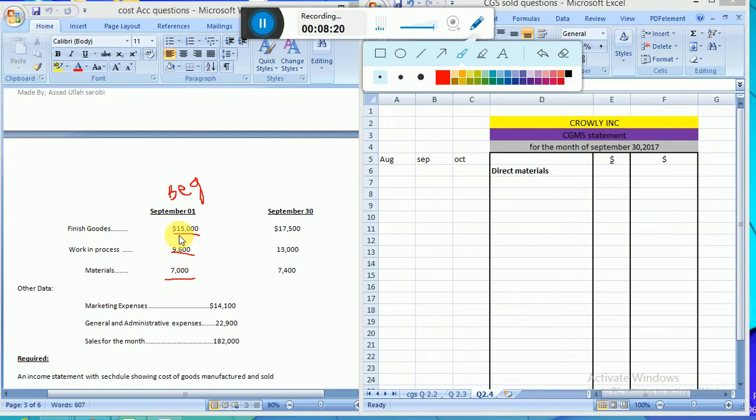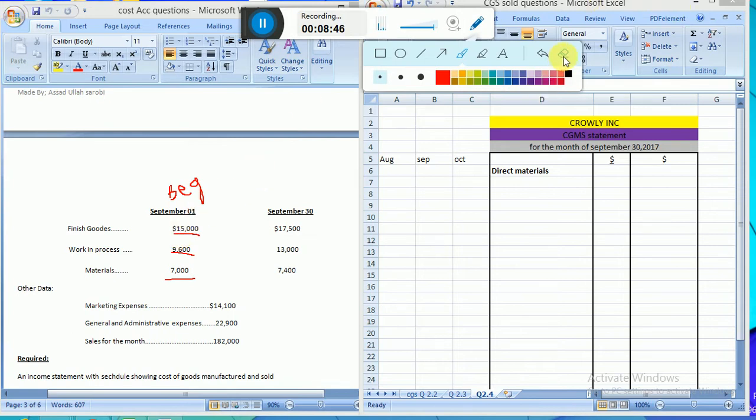Since these remain from the month of August, from August we subtract them, and in September we add them. Why? Because these are used in the month of September. According to the matching principle, the current time period cost and the current time period revenue are recorded in that period of time.